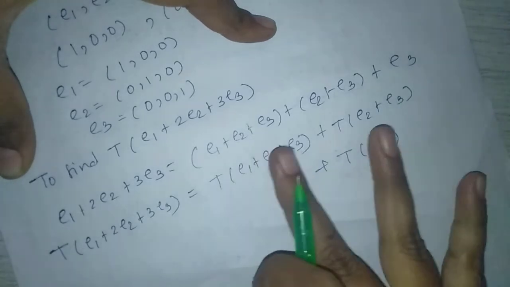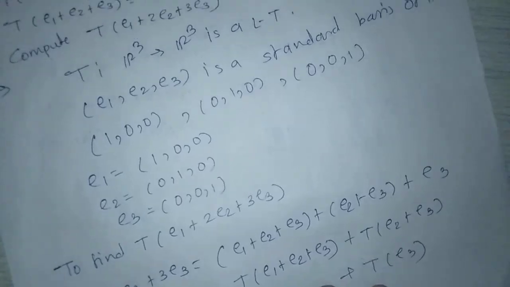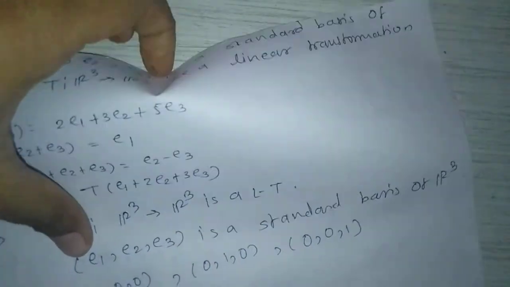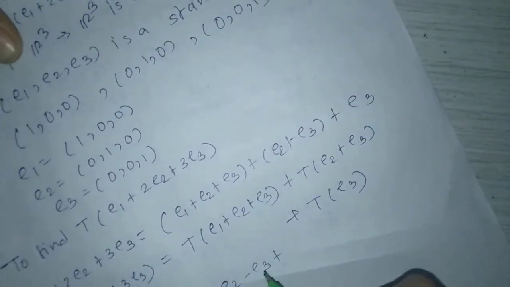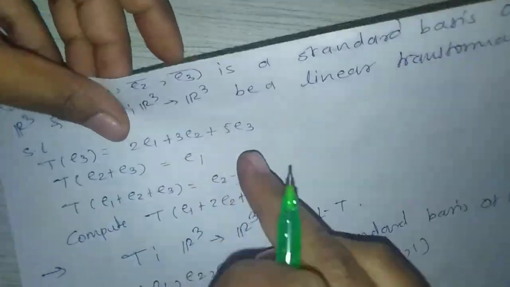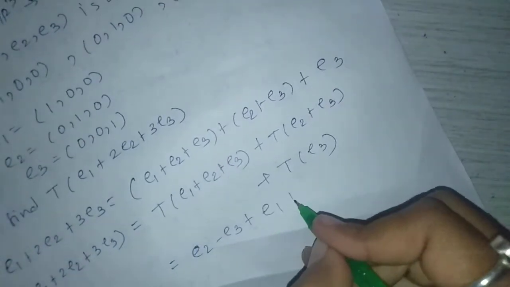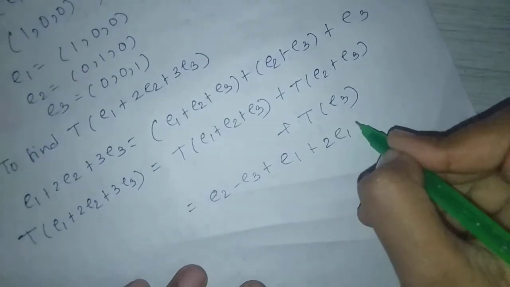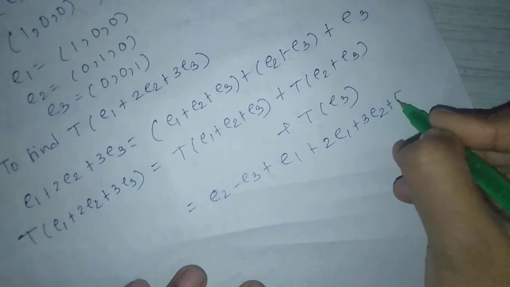Here we directly apply T. Now given T of (e1 + e2 + e3) is e2 - e3, plus T of (e2 + e3) is e1, plus T of e3 is 2e1 + 3e2 + 5e3.